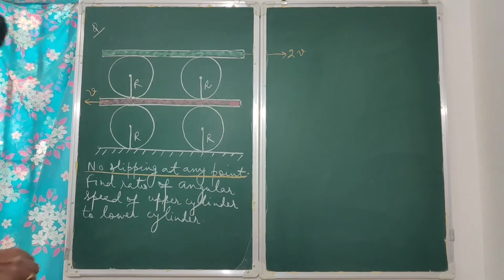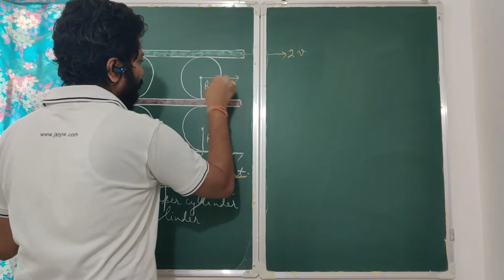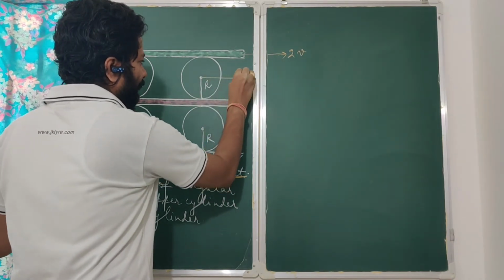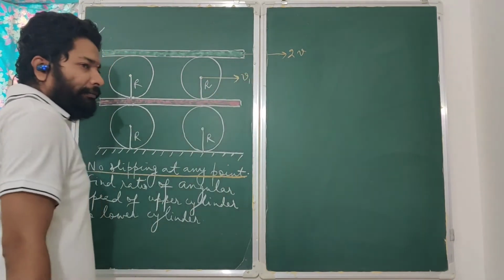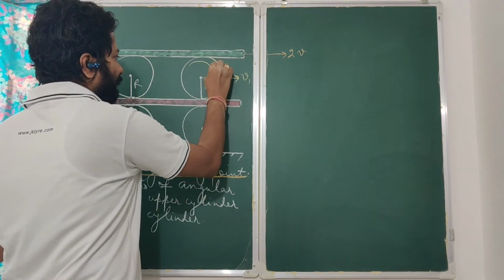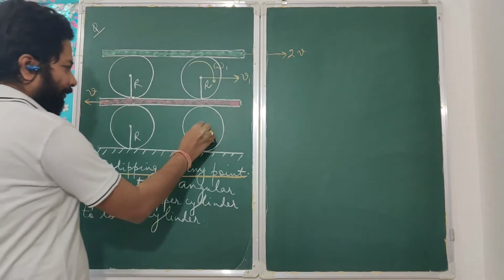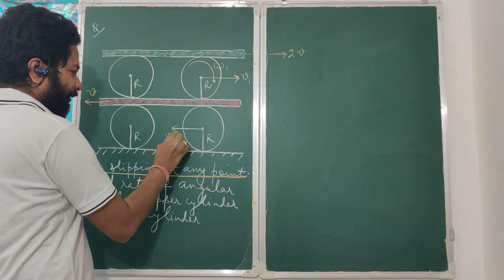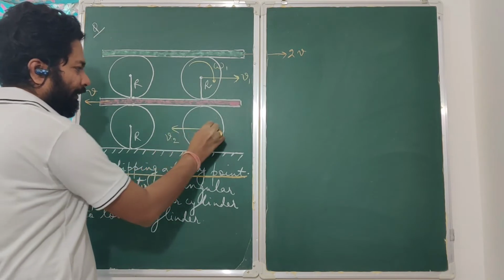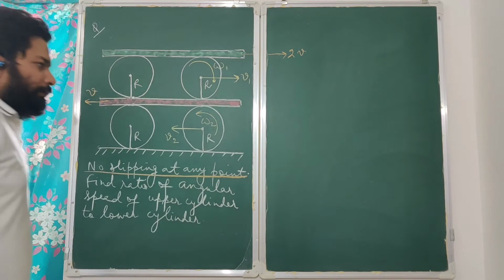But before that, let us say the upper cylinders are having velocity of v1 and they are rotating with omega 1. Lower cylinder, obviously they will have velocity towards left hand side. Let us say it is v2 and they are rotating with, let us say, omega 2.